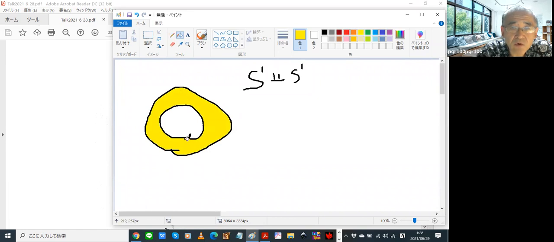They bound two manifolds. This is a 0-handle. This is a 2-handle.